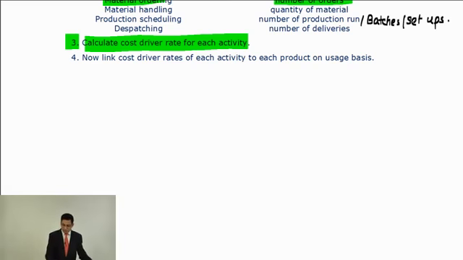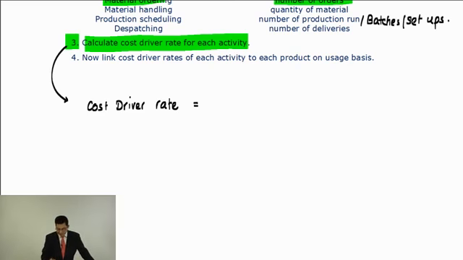So the formula of the cost driver rate can be like this. It's very similar to the overhead absorption rate. The only difference is that we need to develop many overhead absorption rates relating to each activity. So here is the cost driver rate formula. For each activity, overhead cost.